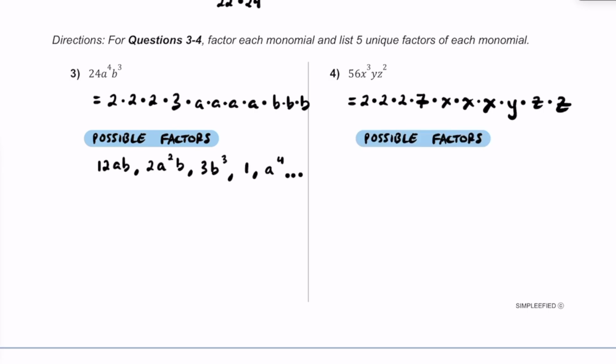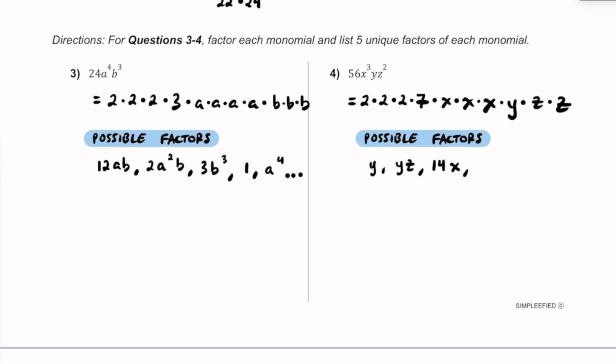And if you want to write some possible factors here, let me see if I can do anything different than before, but you could just say y, right? There's definitely a y on the list over there. You could also say something just like yz, right? That's a combination here. I'm going to say something like 14x, right? I just did 2 times 7 times one of the x's.